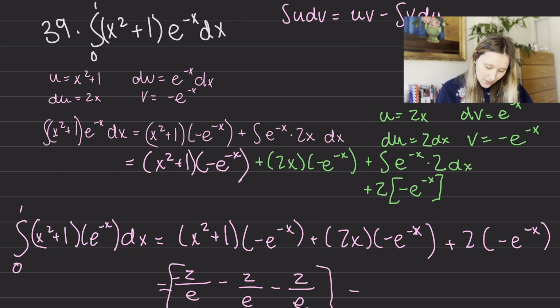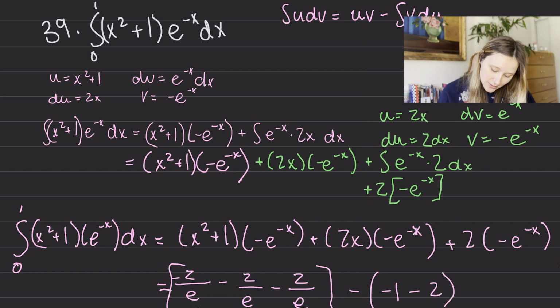Let's plug in the 0. We get 0 plus 1 times minus e to the 0, which is going to be minus 1. We get 0 in the second term, and we get minus e to the 0, which is minus 1, times 2, which is going to be minus 2.